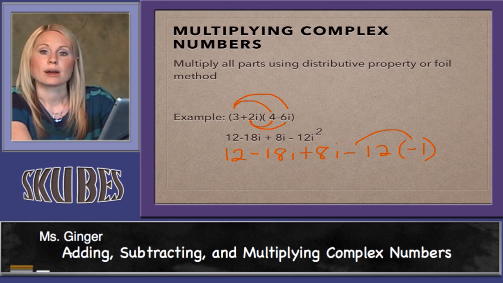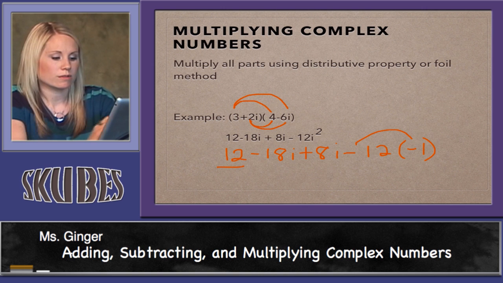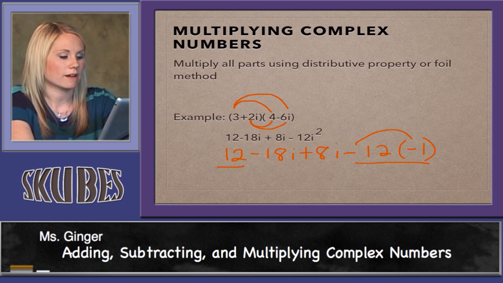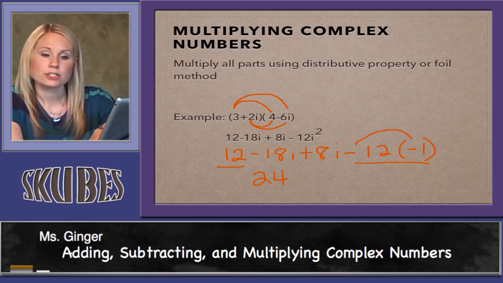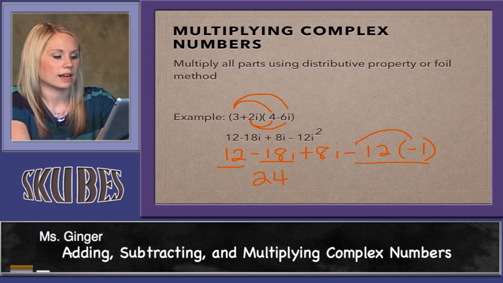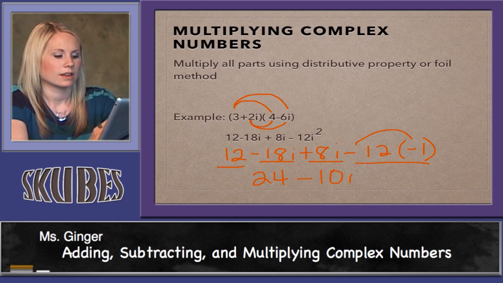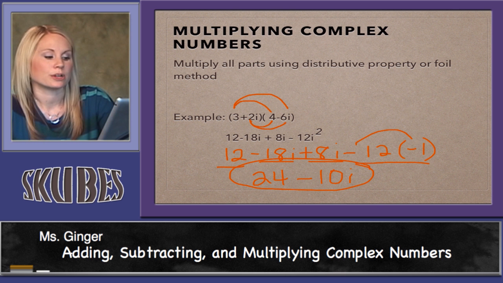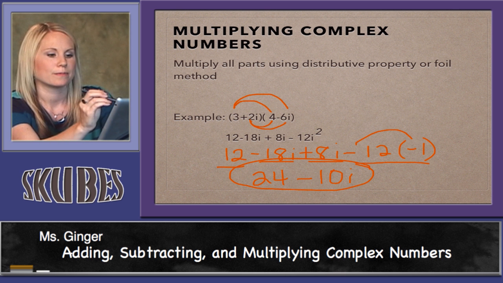So I can add my real parts, 12, and another positive 12 from this product. So that's 24. And then my imaginary parts, negative 18i and positive 8i gives me negative 10i. So here's our final answer with the real part and imaginary part, 24 minus 10i.